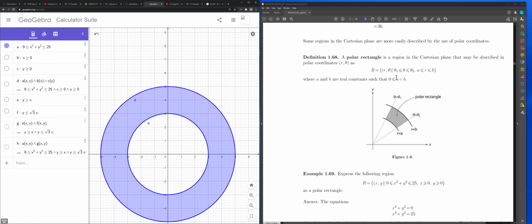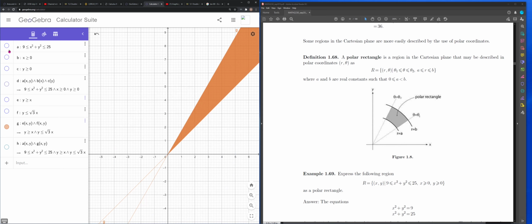What this one with theta being bigger than or equal to theta 1 and less than or equal to theta 2 is giving you is a wedge, like this, right? In this case, this angle here is actually 45 degrees, and this line over here, from here to here, is 60 degrees.